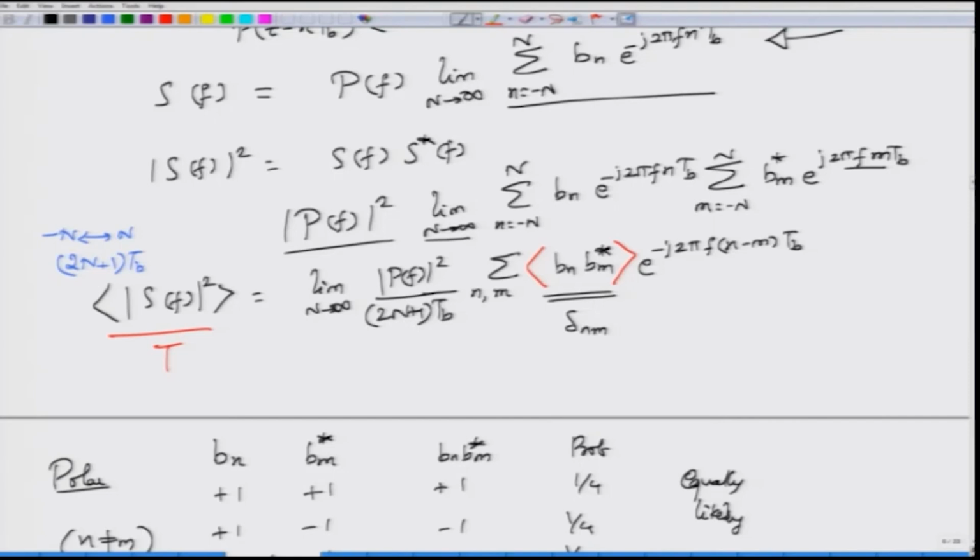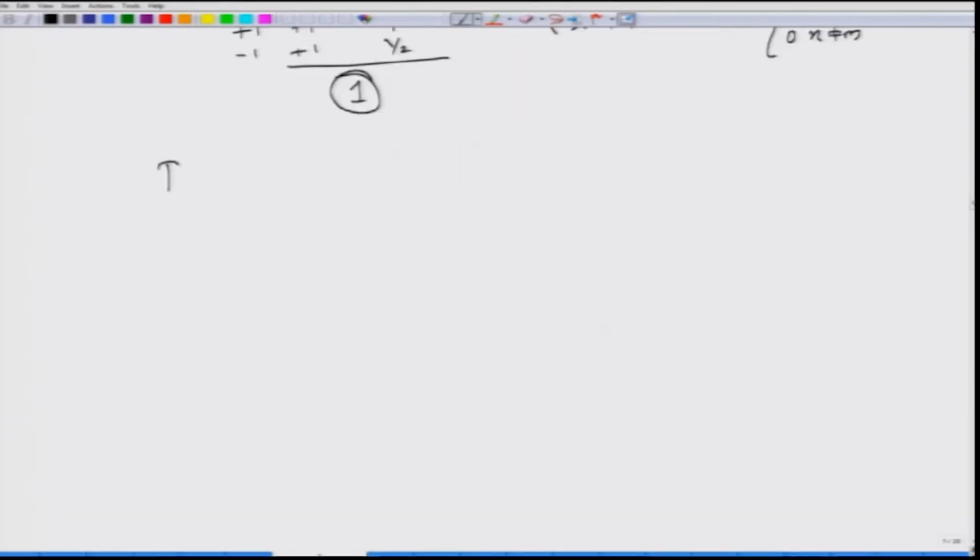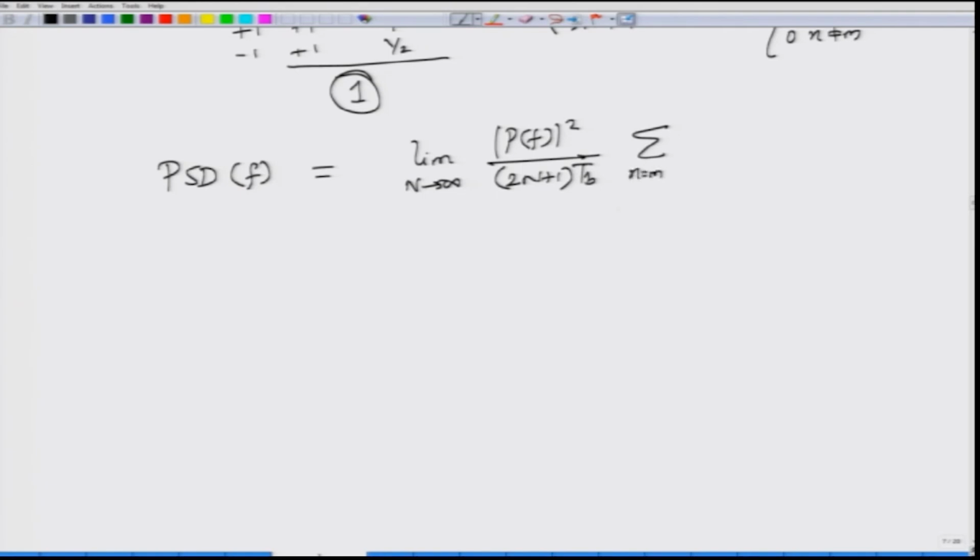So if you take only those cases where n is equal to m, you are going to get the power spectral density, let us call this PSD of f, equal to limit of n going to infinity P of f magnitude square divided by (2n plus 1) into Tb, and then you have a summation which exists only in the case where n is equal to m, with n going from -n to +n, and there is a 1 here.